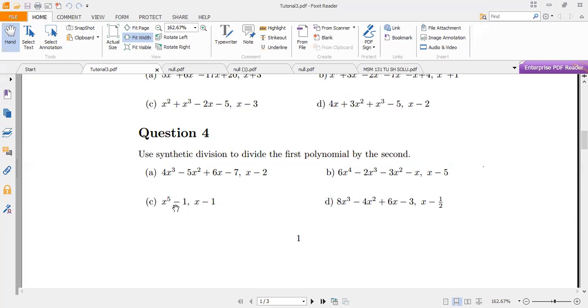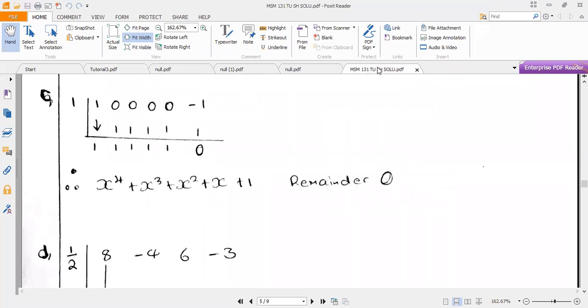So the terms in between, x to the power 4, x to the power 3, x to the power 2, x to the power 1, are all zeros. Since we were dividing by x minus 1, we get a positive 1 and plug it there.